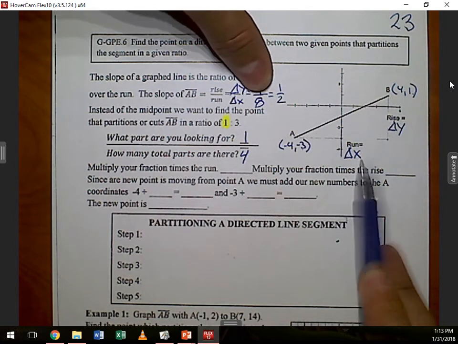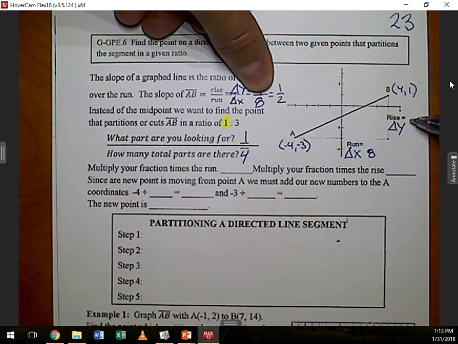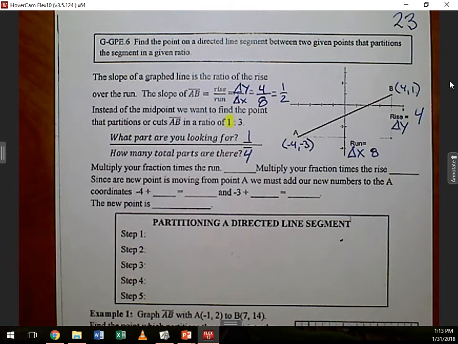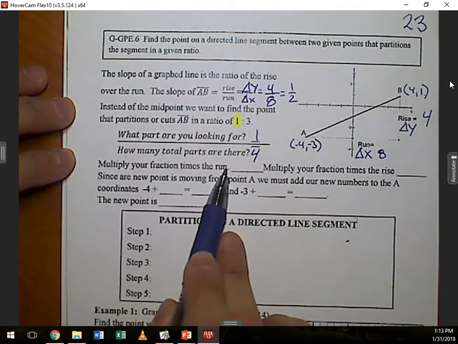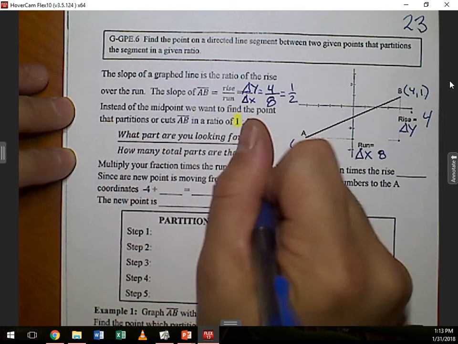So I'm going to have 8 right here. What was my delta y? 4. Okay, so I need that. So, it says right here, multiply your fraction times the run. Okay, what did we say the run was? My delta x, 8. Very good. So I'm going to put an 8 right there.